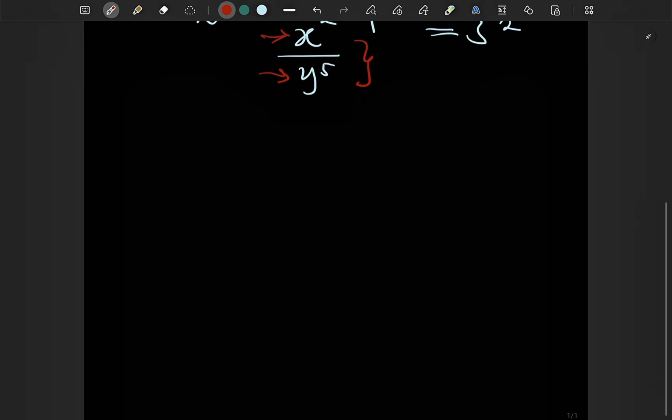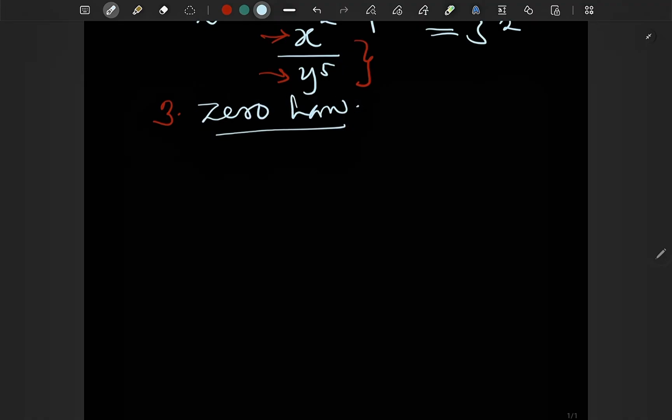Moving ahead, we have the third law, and our third law is the zero law. The zero law is a very, very important concept. We almost cannot do mathematics in general without the zero law.